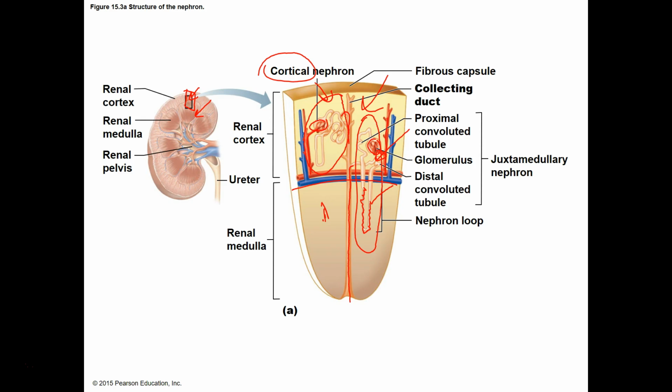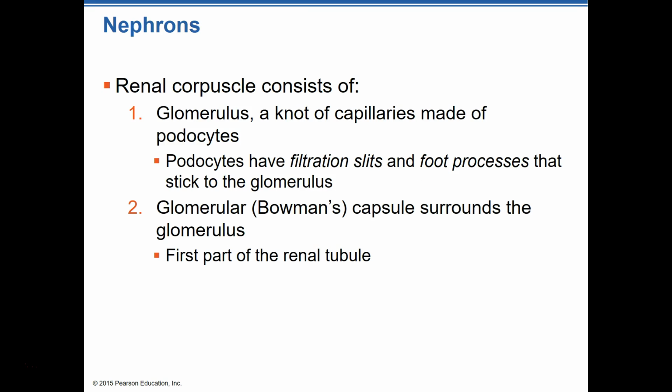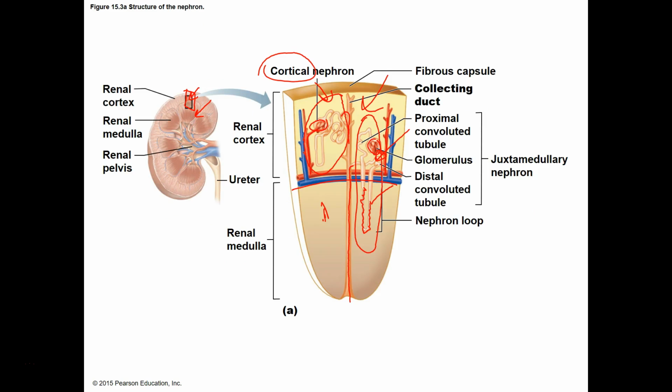So that's kind of a structural look at what we're talking about. The nephrons here, we'll get a lot more in depth on those in just a few minutes. So, the renal corpuscle contains that glomerulus that I talked about. It's just this knot of capillaries. And the renal corpuscle is just the entirety of this here, let me see if I can circle it.